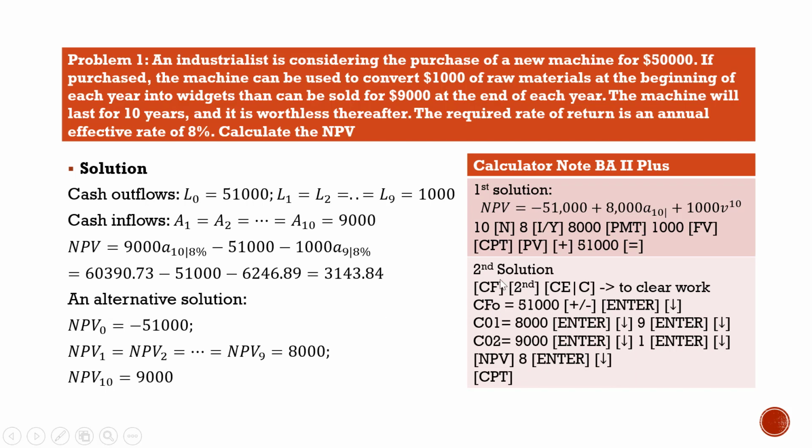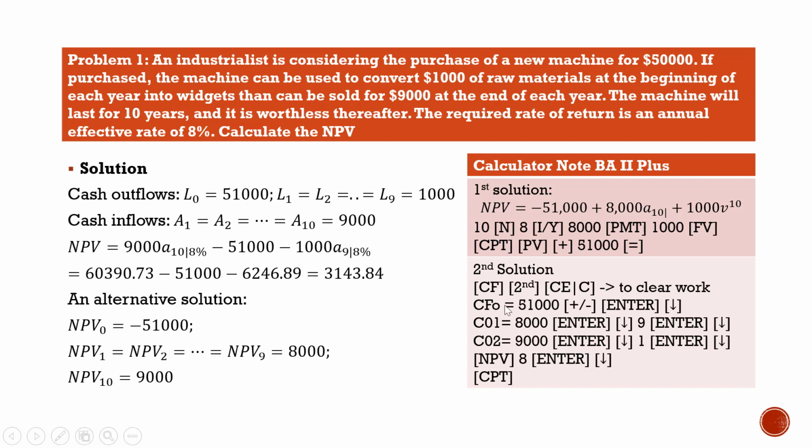The second solution uses the alternative approach. We are going to use the CF mode on the BA II Plus calculator. To do so, first we have to clear work. And I repeat, please note that before you start any problems, make sure you clear work on your calculator.